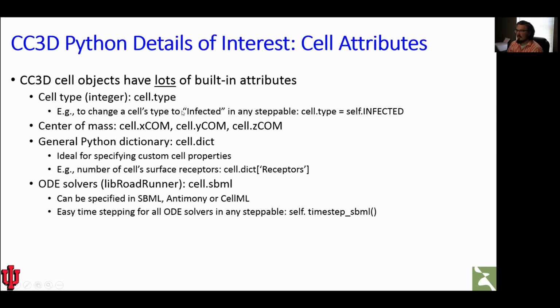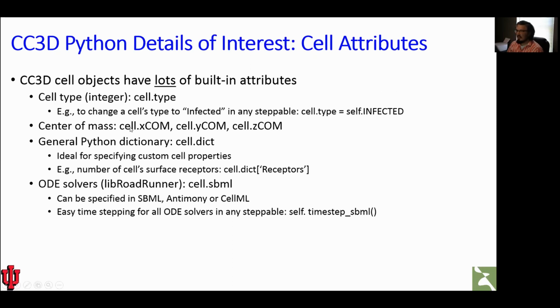So if we wanted to change the type of a particular cell to infected, in a CC3D Python steppable it's as simple as saying cell.type = self.INFECTED. And this quite literally just changes the actual cell type of this cell instance to the infected type.